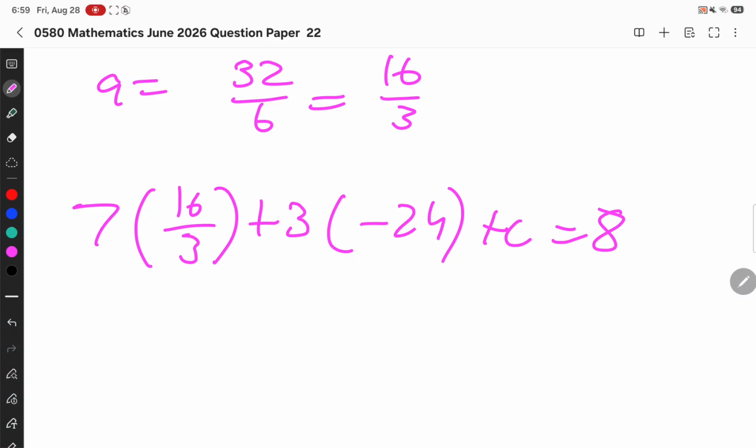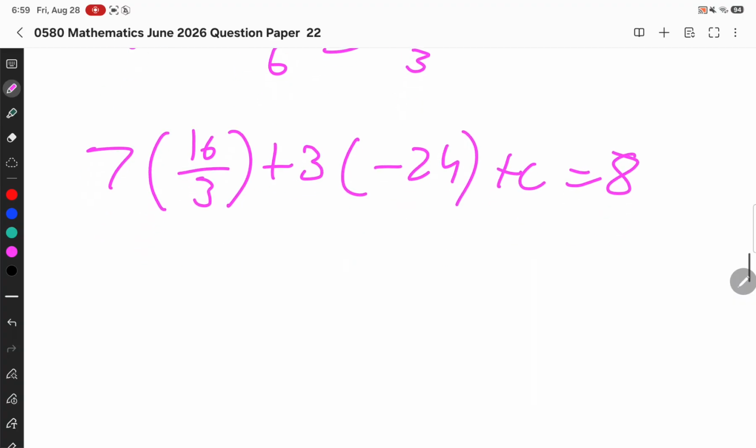Don't worry, with enough patience, anything is possible. 7 times 16 is 112, so this is 112 over 3 minus 24 times 3, which is 72, plus c is equal to 8. I don't want to convert this into something else because then it will ruin the trick.